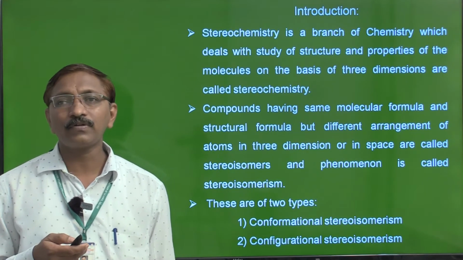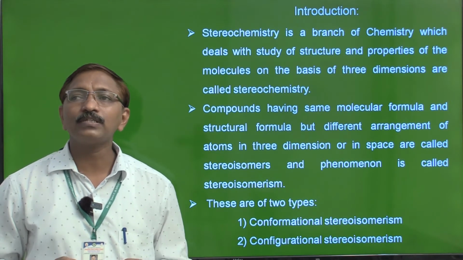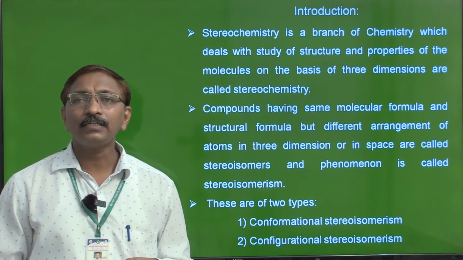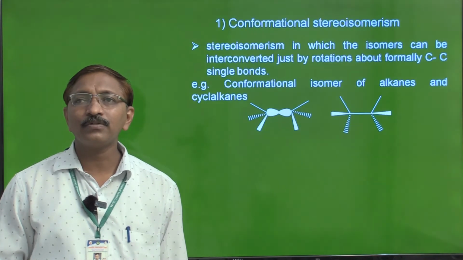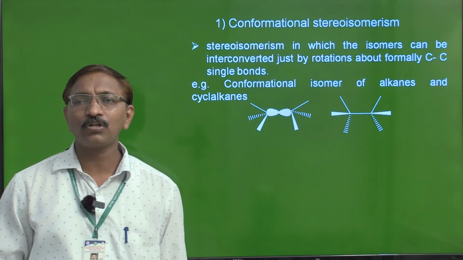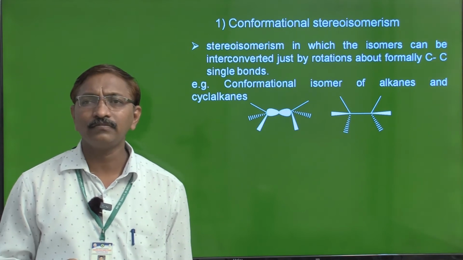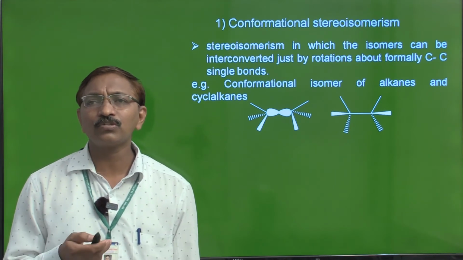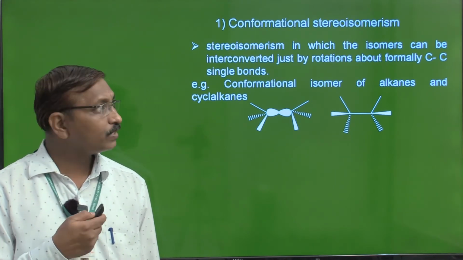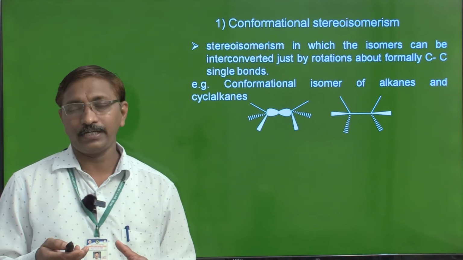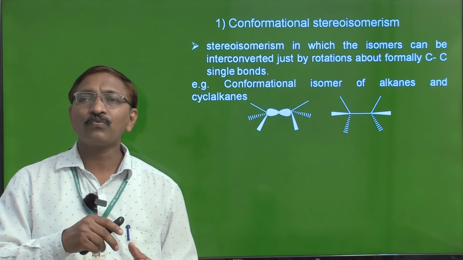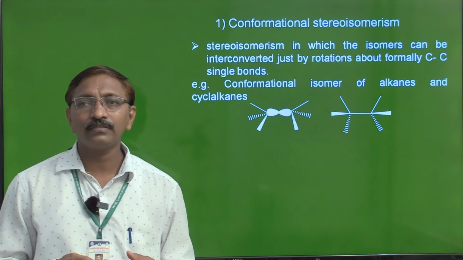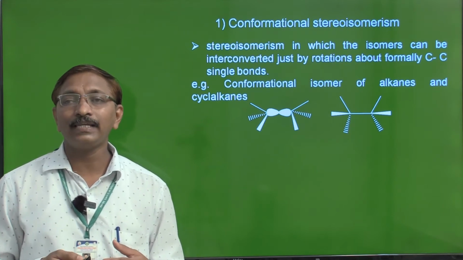As we know, there are two types of stereoisomerism: conformational stereoisomerism and configurational stereoisomerism. In BSc 1 we have already seen this, but for the sake of understanding we are just going through this part quickly. Conformational stereoisomerism is a stereoisomerism in which the isomers can be interconverted from one form to the other across a carbon-carbon single bond, and we have seen examples like conformations of alkane and cycloalkane.